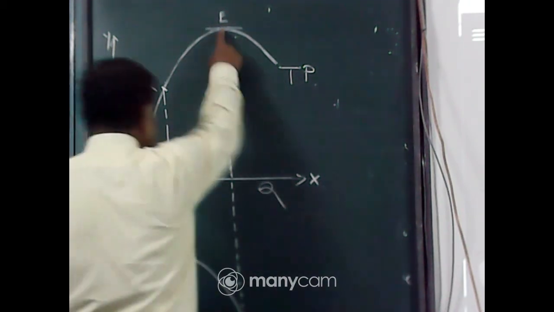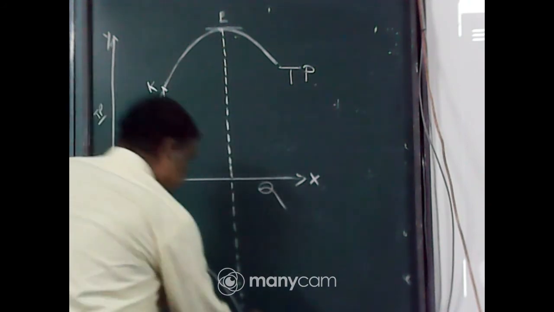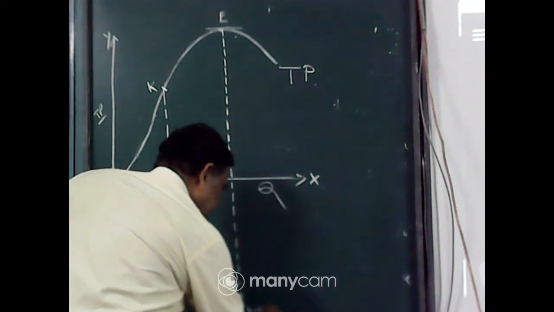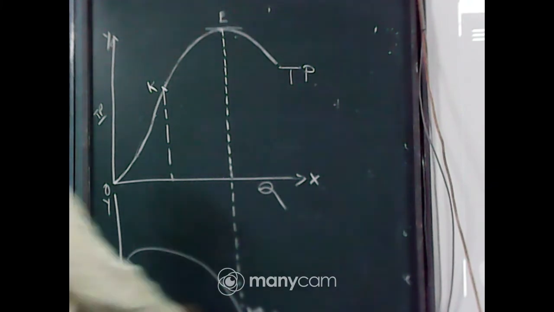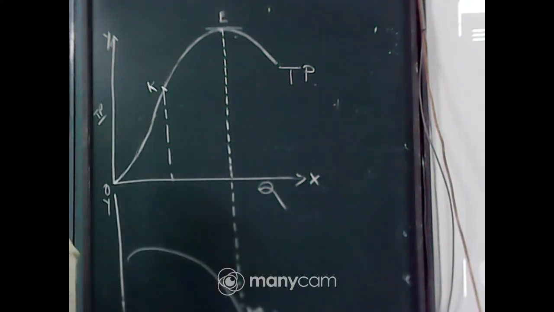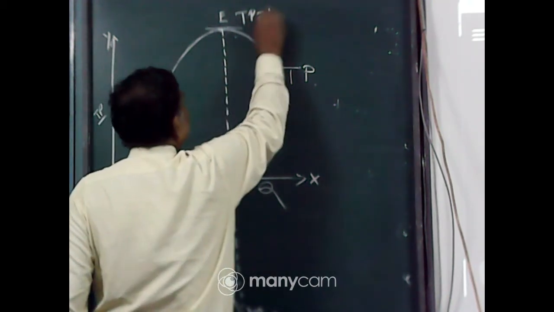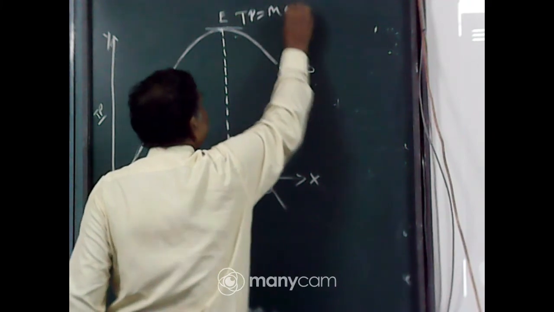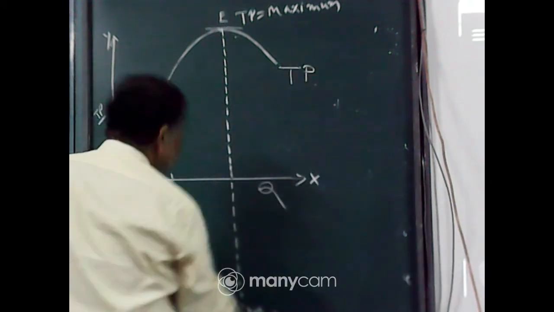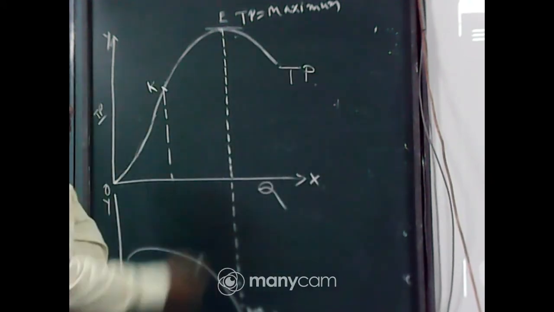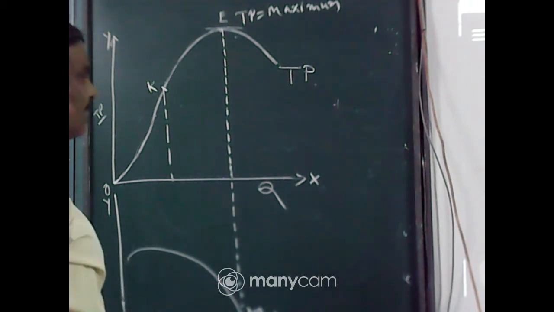Now total product is highest, then it will decline, that is MP is 0 here, that is if you employ additional labor, then you will get nothing, and if you employ more, you will get negative. So when MP is 0, TP is maximum, and if you continue to increase, then TP will decline, what I told you. Therefore, it is the relation between total product and marginal product.